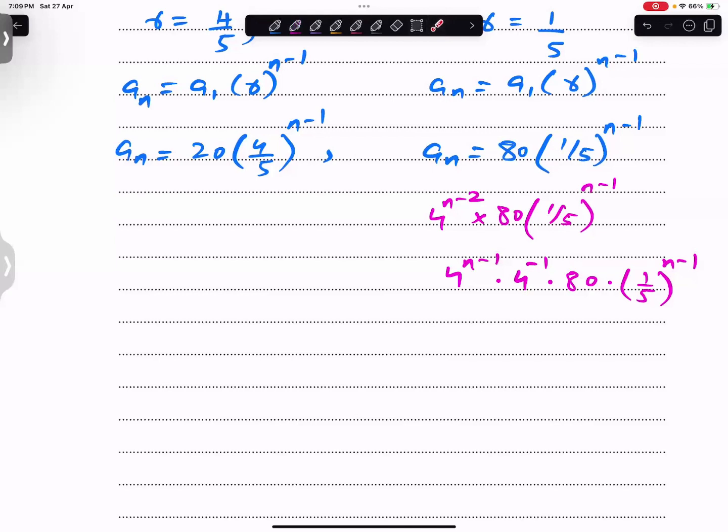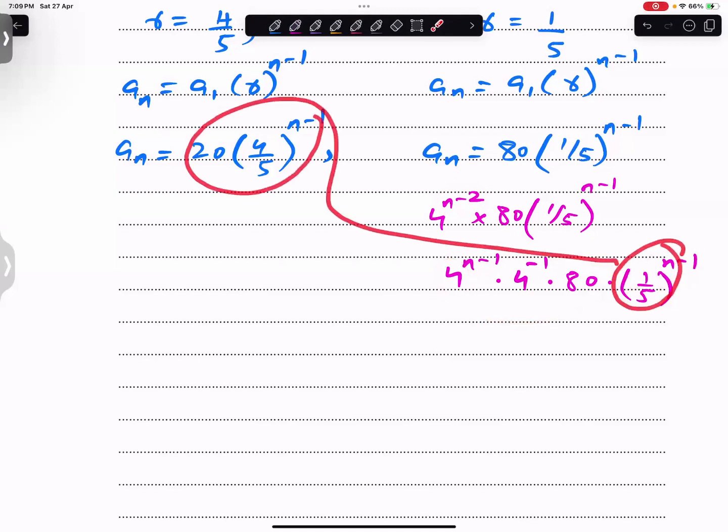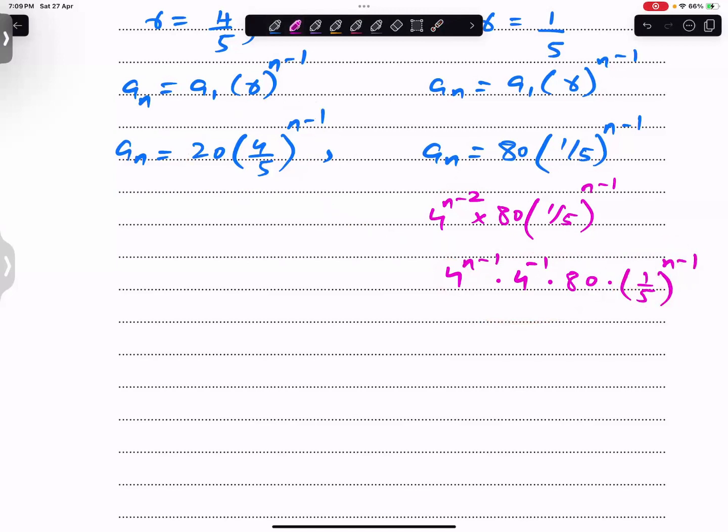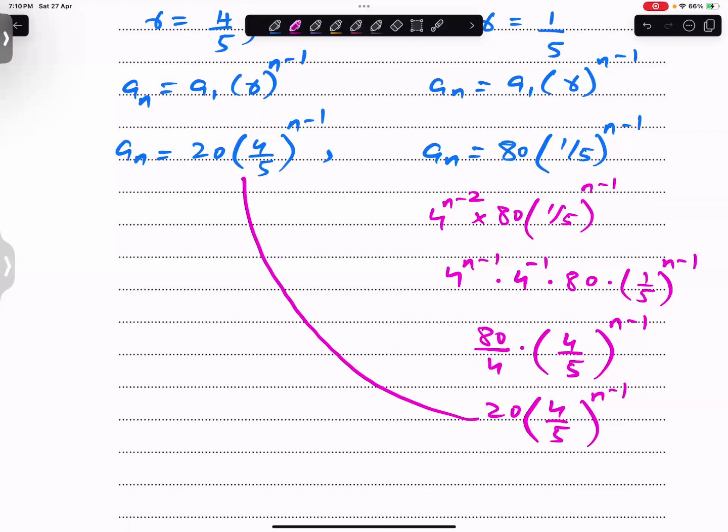I just broke down the power n minus 2 as n minus 1 minus 1 so that I can bring this 4 inside the bracket under the power n minus 1. Okay. So 80 times 4 to the power minus 1 is just 20. Now I can combine 4 over 5 to the whole power n minus 1. And you can see that this is 20 into 4 over 5 to the power n minus 1. So you can see that this is the nth term of the first case. So that's it.